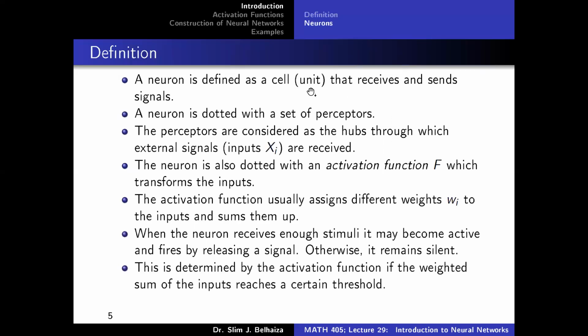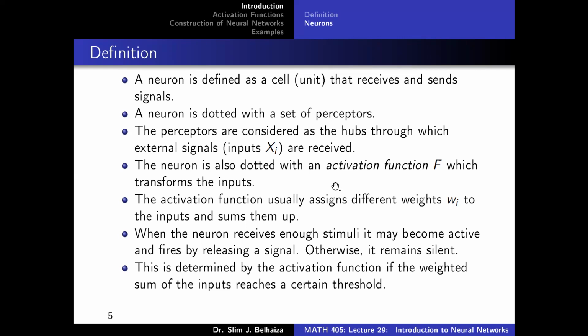A neuron is defined as a cell unit that receives and sends signals. A neuron is usually equipped with what we call a set of perceptors, and the perceptors are considered as the hubs through which external signals, inputs xi, are received. The neuron is also equipped with an activation function, f, which transforms the inputs.